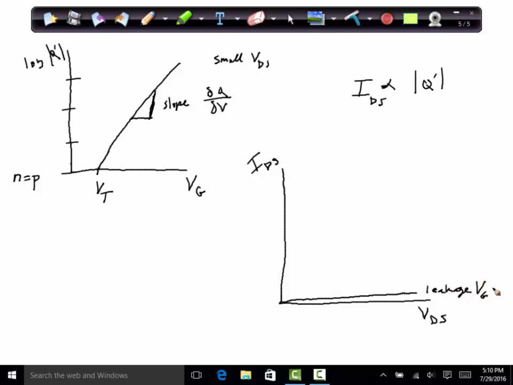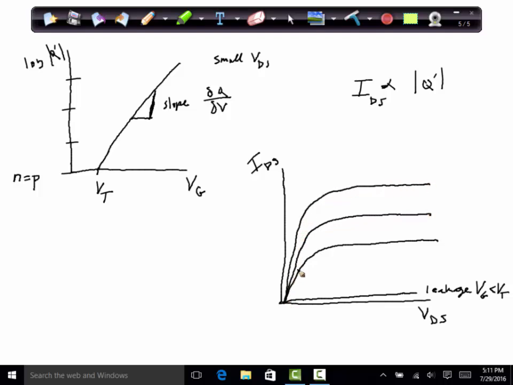So V gate less than V threshold, and then above threshold we see this current pop up, and as we continue to increase the voltage, we see an increase of the slope in the region before it flattens out, and then a flattening out behavior.